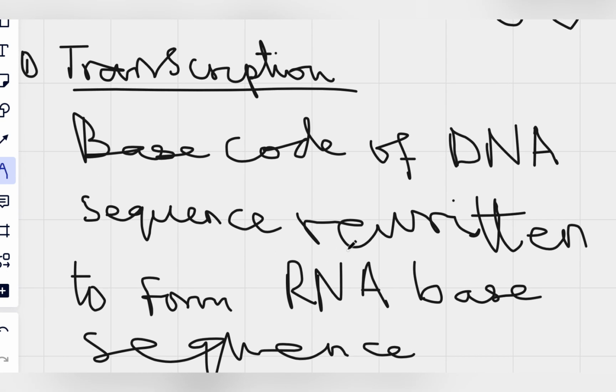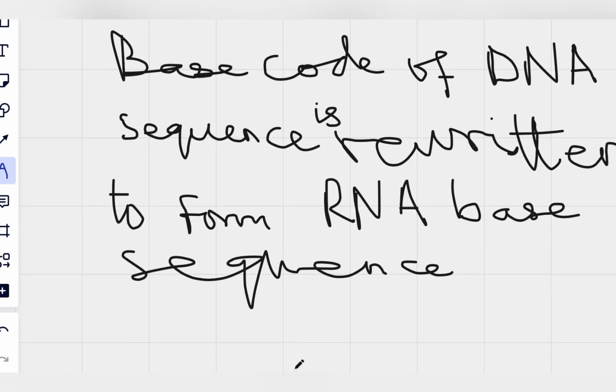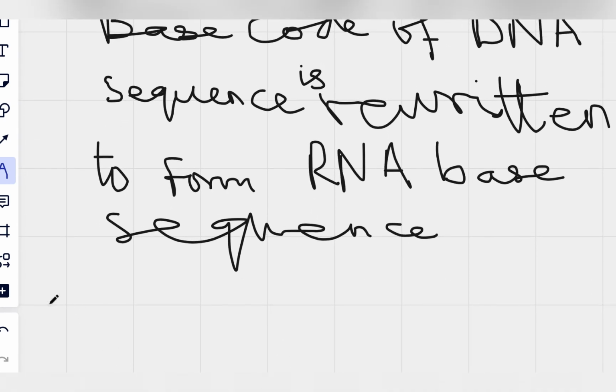In transcription, the base code of a DNA sequence is rewritten to form the RNA base sequence. Now, the second process is called translation.